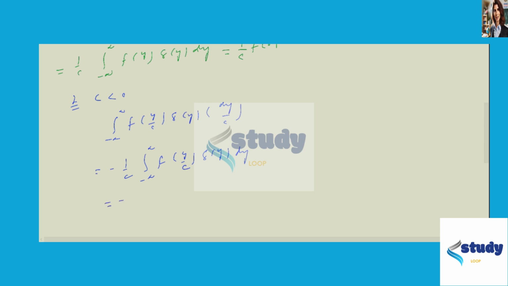This is equal to minus (1/c) f(0). As c is negative, the minus and minus sign become plus, and we can write it as (1/|c|) f(0).